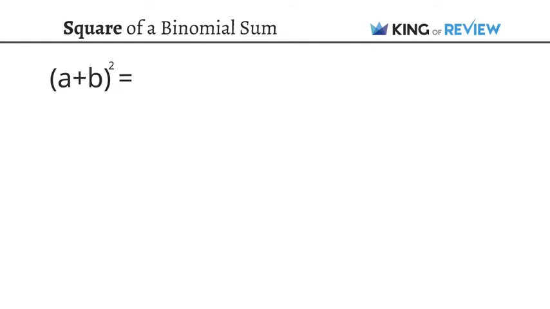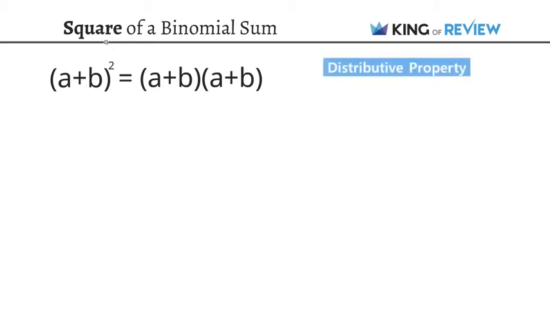This time, I'm going to explain this in algebraic perspective. The exponent of two means there are two parentheses, right? A plus B times A plus B. In the last lecture, we've covered that there are two ways to solve multiplying binomials, right? The distributive property and FOIL method, right?